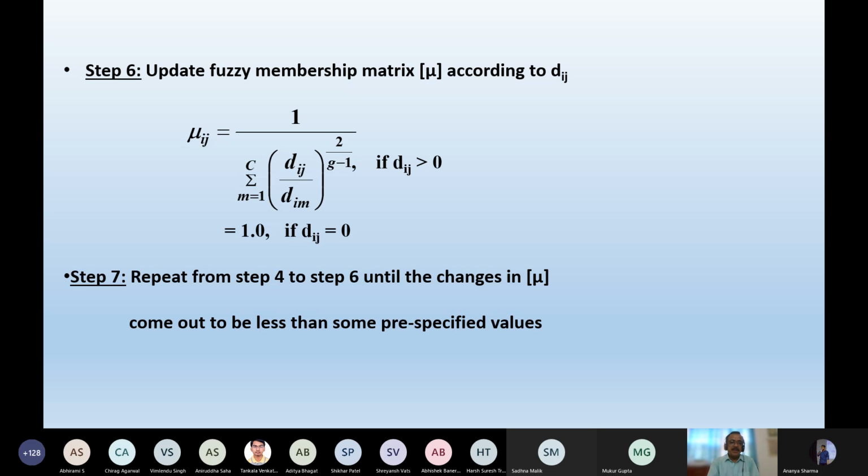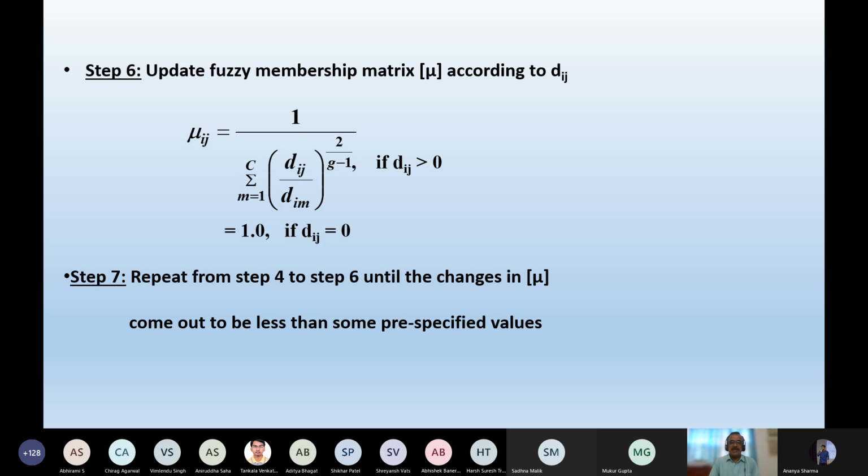Now step 7, repeat steps 4 to 6 until the changes in mu come out to be less than some pre-specified small value. So the user will have to pre-specify some small value, like say 0.001, and run a large number of iterations. So this mu value is going to be updated.